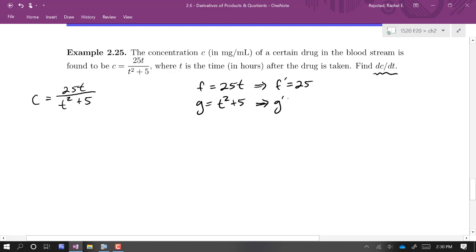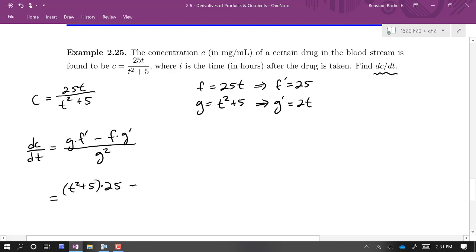So then g prime is 2t. dC/dt, well, we're going to use the quotient rule, so that is g times f prime minus f times g prime all over g squared. g times f prime, that's t squared plus 5 times 25 minus f times g prime, that's 25t times 2t. This is all over g squared, so the square of t squared plus 5.